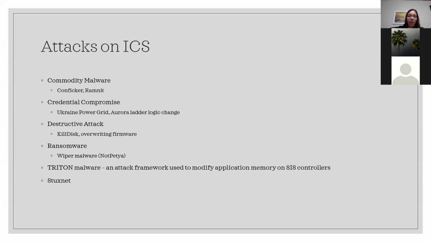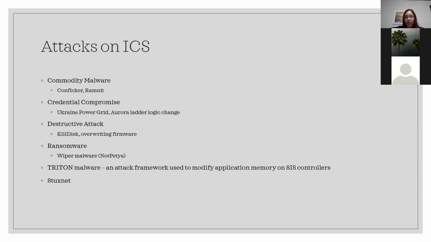But there's been several notable examples of malware or deliberate attacks on ICS systems. I've listed a couple. The Triton malware is one that was leveraged fairly recently. I think that's one of the most recent ones on this list.